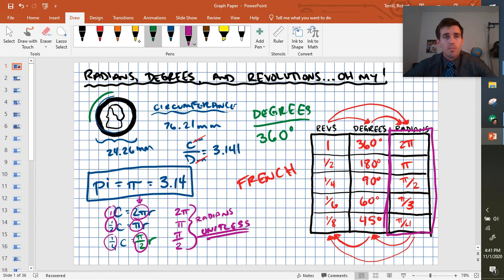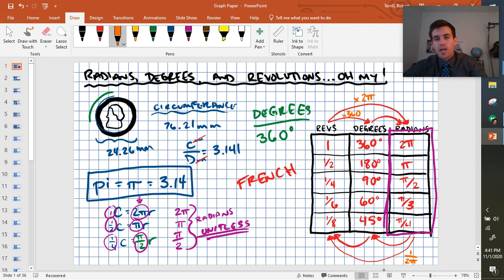If you need to convert between them, if you take a revolution and multiply by 2 pi, that will tell you how many radians you have. Going back the other way, if you want to turn radians into numbers of revolutions, you would multiply by 1 over 2 pi. If you're trying to go from revolutions to degrees, you multiply by 360.